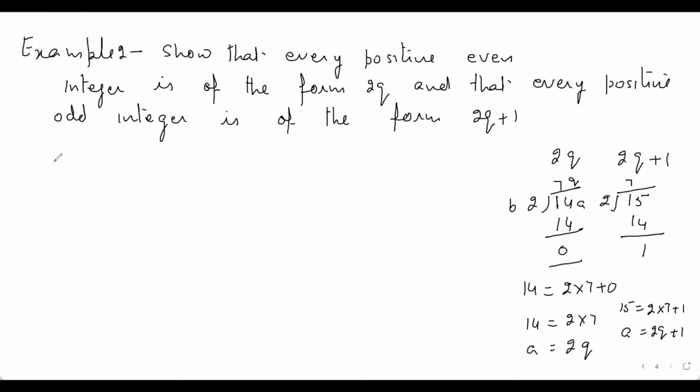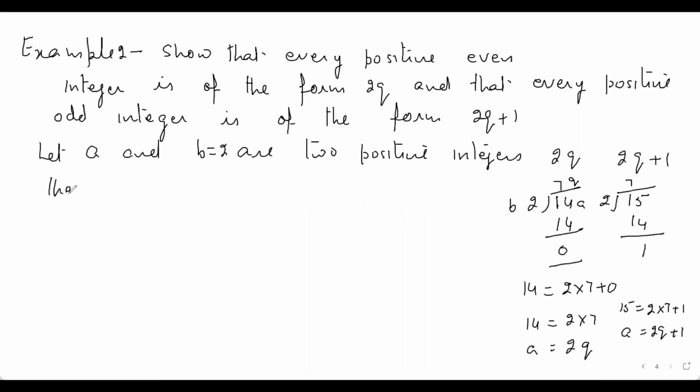So show that every positive even integer is of the form 2Q. Let A and B be two positive integers. And here B is equal to 2, because we have to see whether they are even or odd.